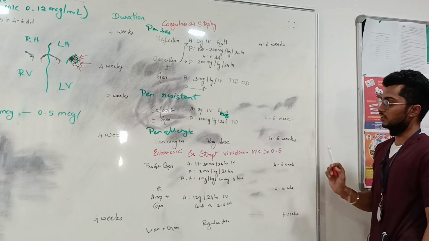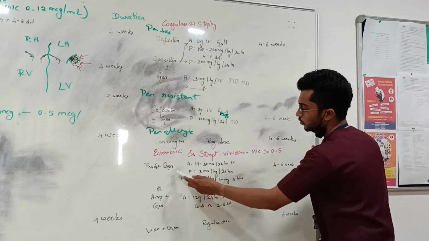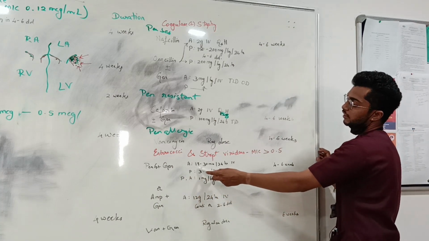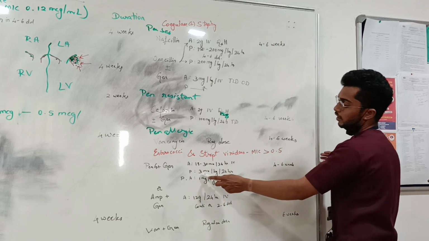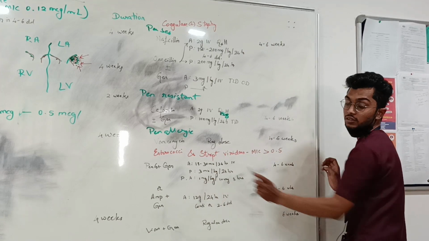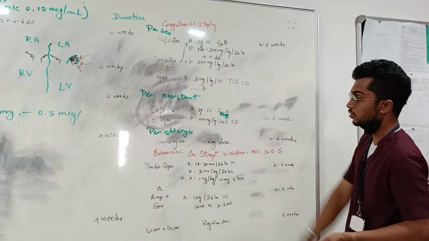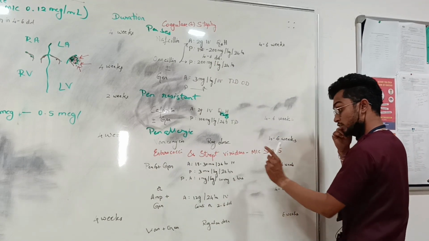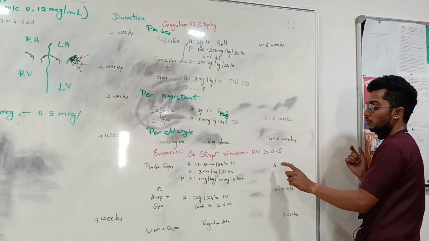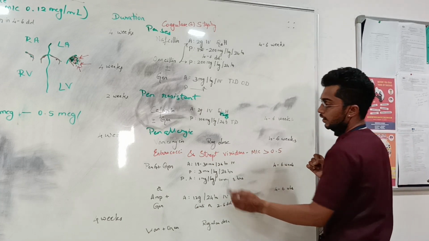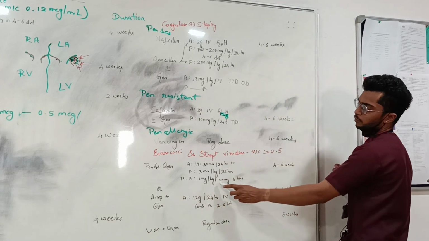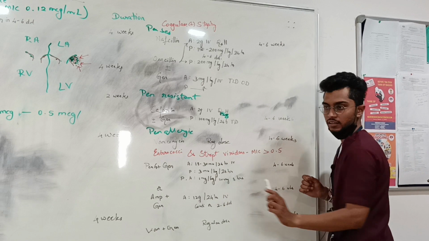So in this scenario, we have to use penicillin G with gentamicin. The range is 18 to 30 million units, and for pediatrics 3 million units is a must, and it should be continued for 4 to 6 weeks. And gentamicin is again the same, 1 mg per kg every 8 hours for both pediatric and adult patients.